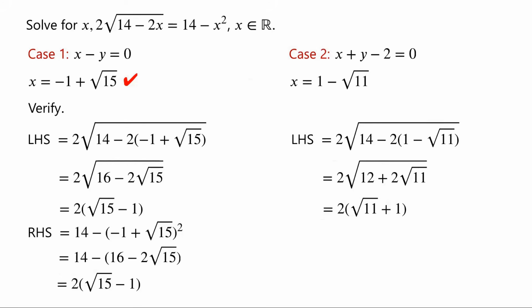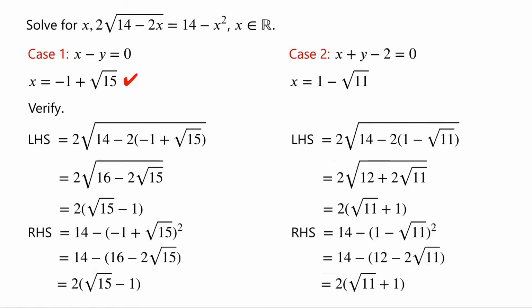While the right-hand side of the equation is equal to 14 minus 1 minus root 11 all squared. 1 minus root 11 all squared is equal to 12 minus 2 root 11. 14 minus 12 minus 2 root 11 is equal to 2 times root 11 plus 1. So, x equals 1 minus root 11 is a solution of the original equation. The equation has two real solutions.